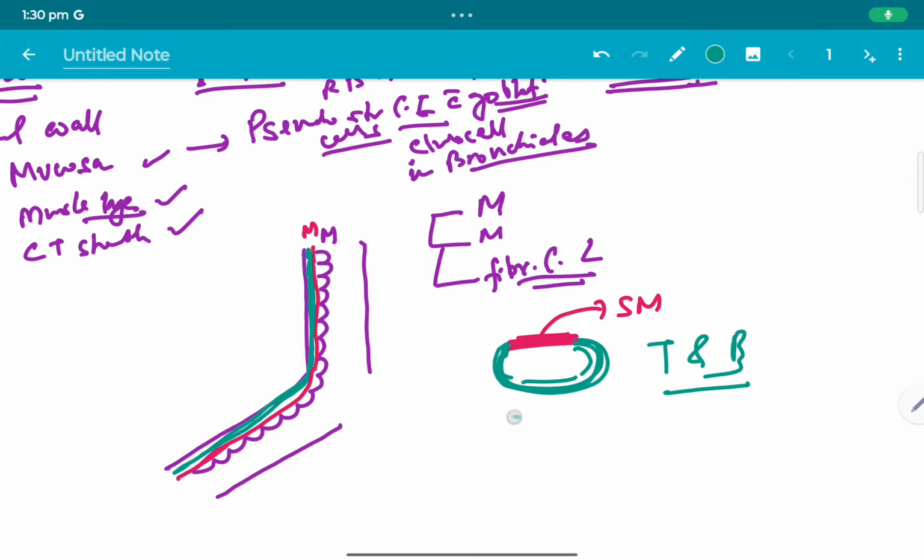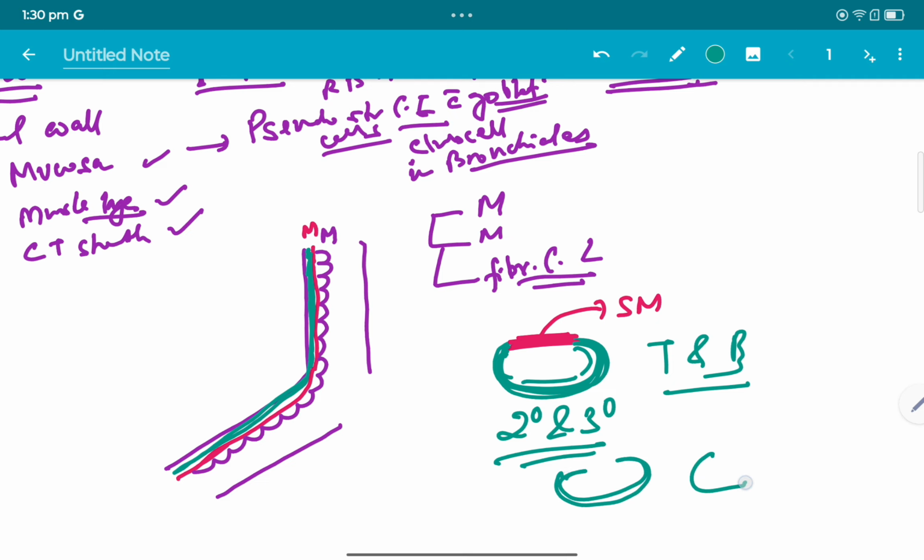After the division of the second and third generation of bronchi, these cartilaginous rings are replaced by incomplete cartilages. You will have few semilunar sheets of cartilage beyond the second and third generation of bronchi.